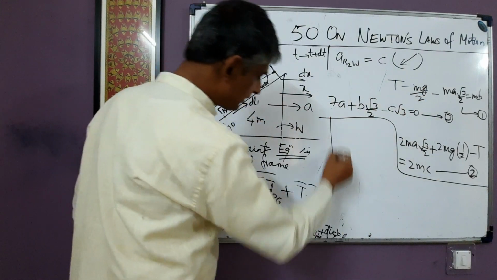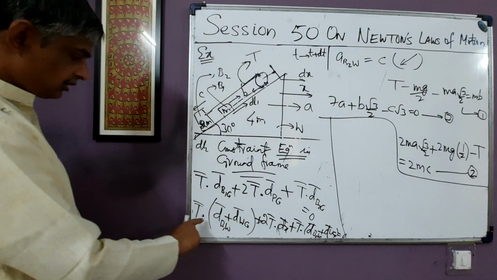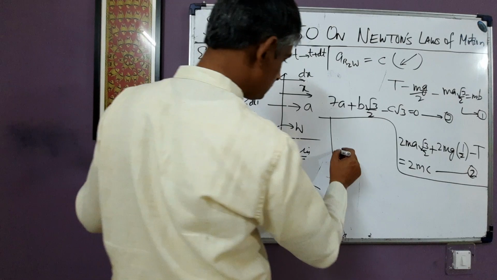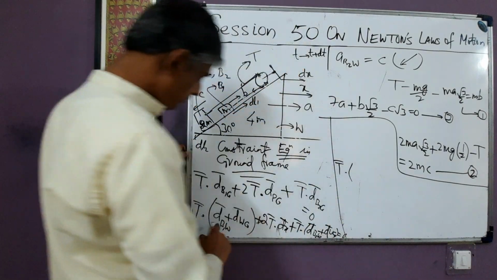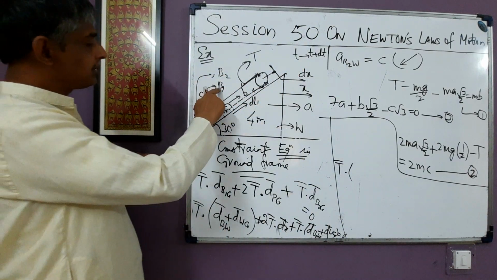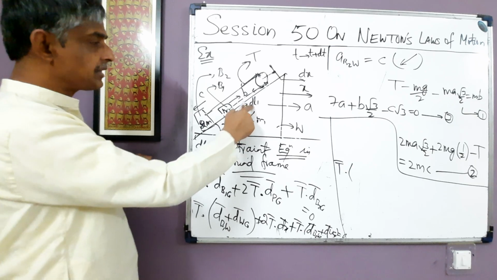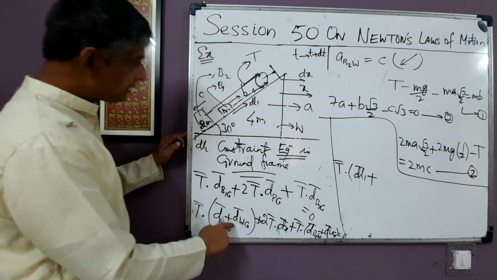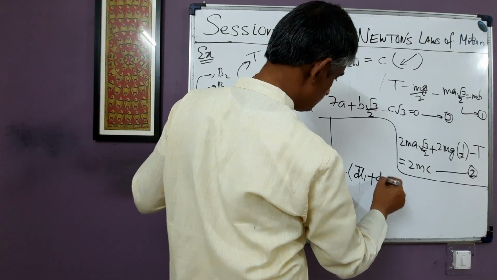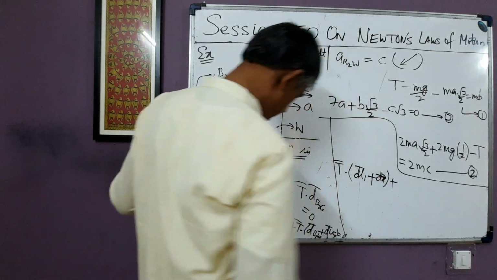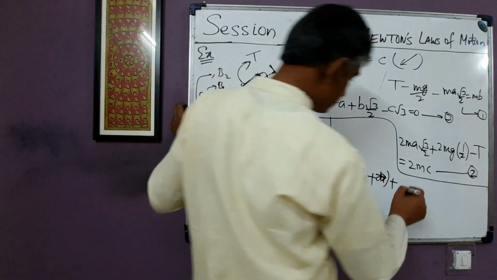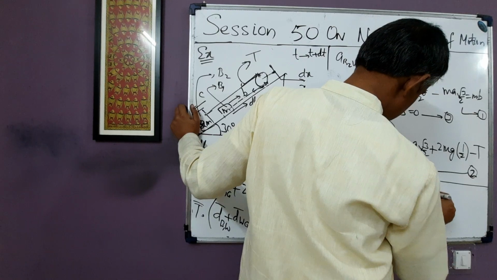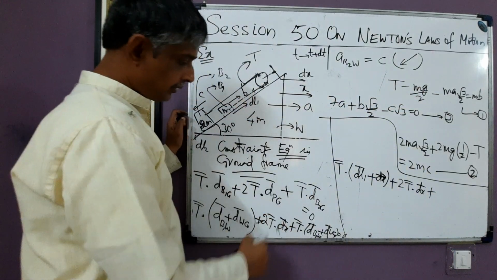I'll simplify this here. So this becomes T dot dB1W, displacement of block B1 with respect to wedge, that is dL1, plus dWG, dx, vector dx, plus 2T dot dx, plus T dot dB2W.